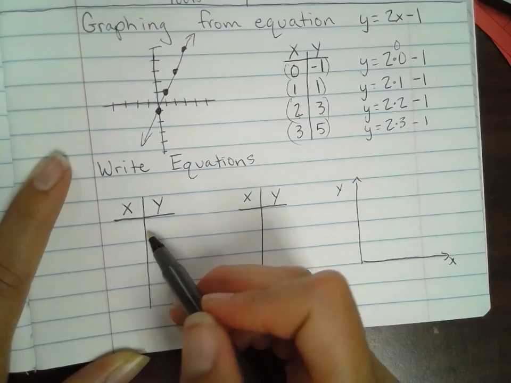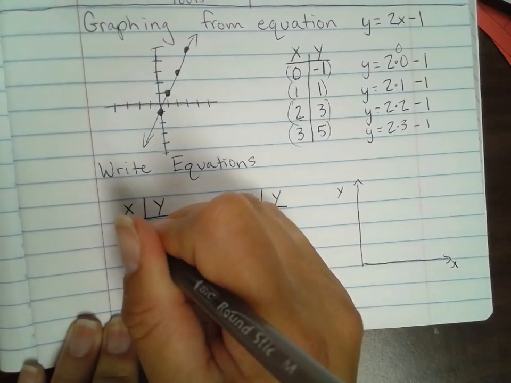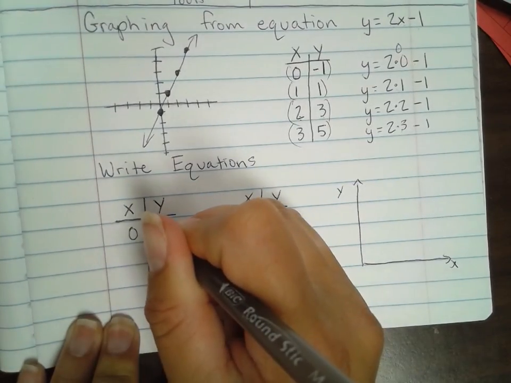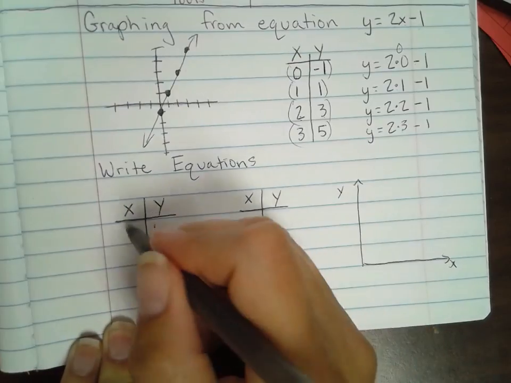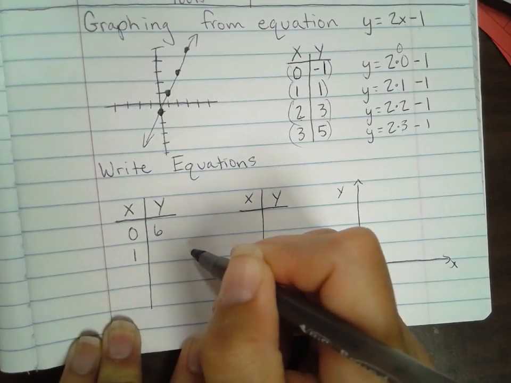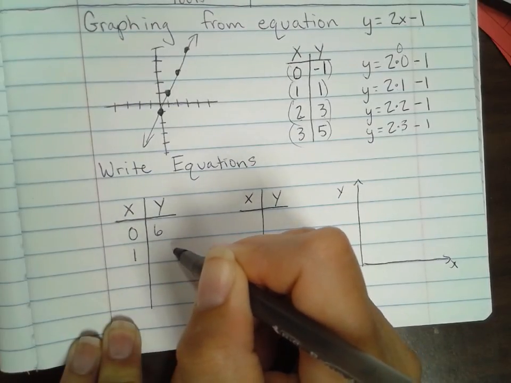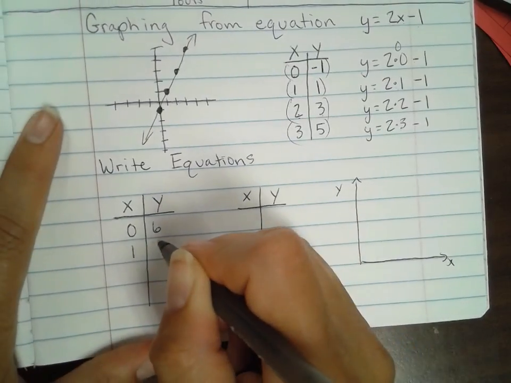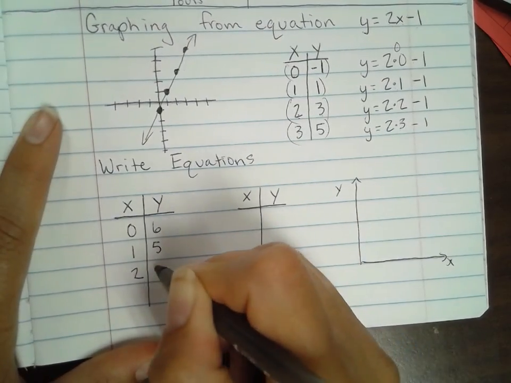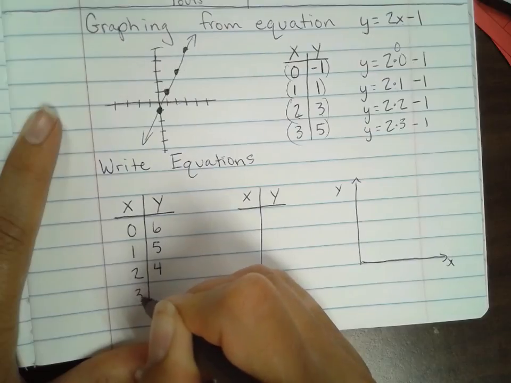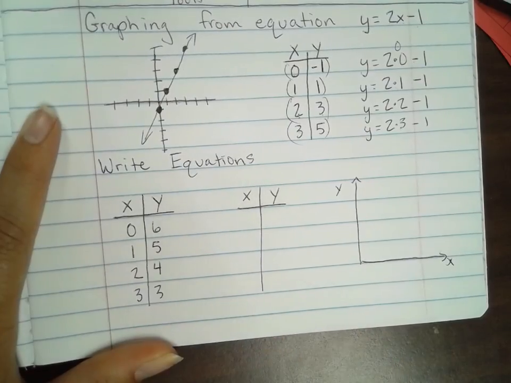All right, this first table: 0, 6; 1, 5; 2, 4; 3, 3.